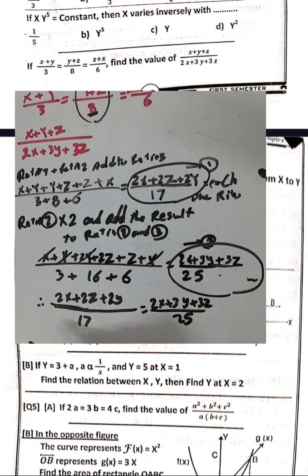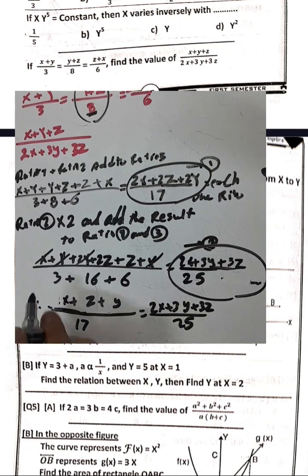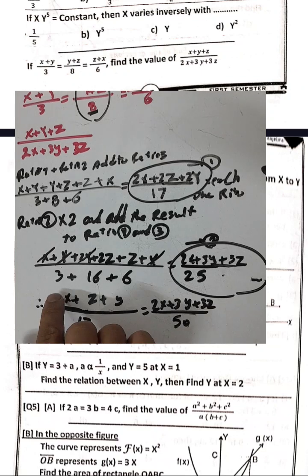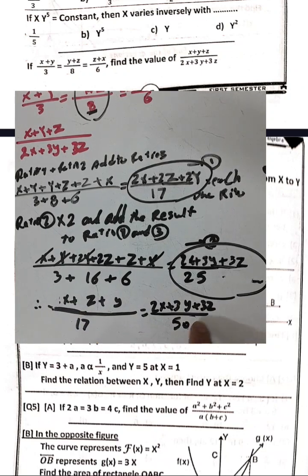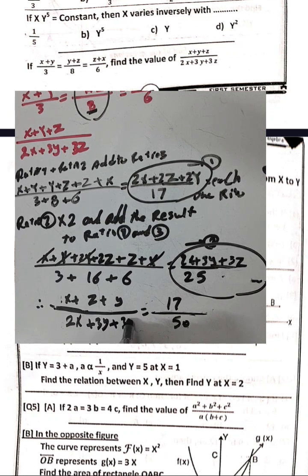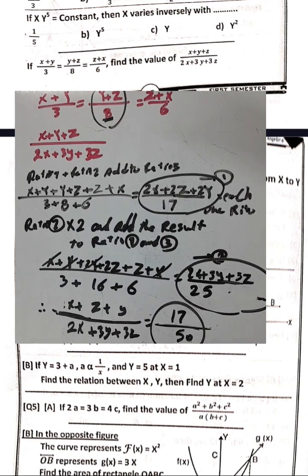In this expression, 2 is a common factor, so write 2 outside, and 2 times 25 is 50. Then using product of extremes equals product of means, the ratio between x plus z plus y over 2x plus 3y plus 3z will be 17 over 50. That's the result for this example.